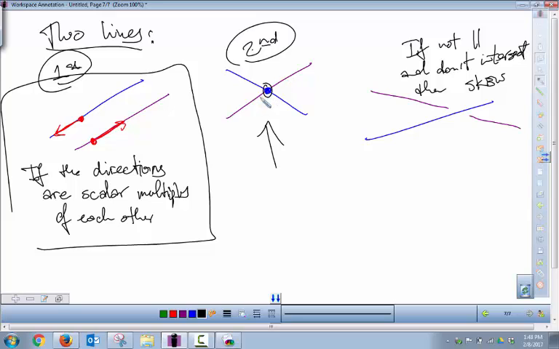So your line for the first equation would have some t value in it, and then your line for the second one would also have some t value in it. So if they do intersect, they might intersect at different t values. So what you need to do is call the one line with a t and the other line with a different parameter. So you might need to use s.